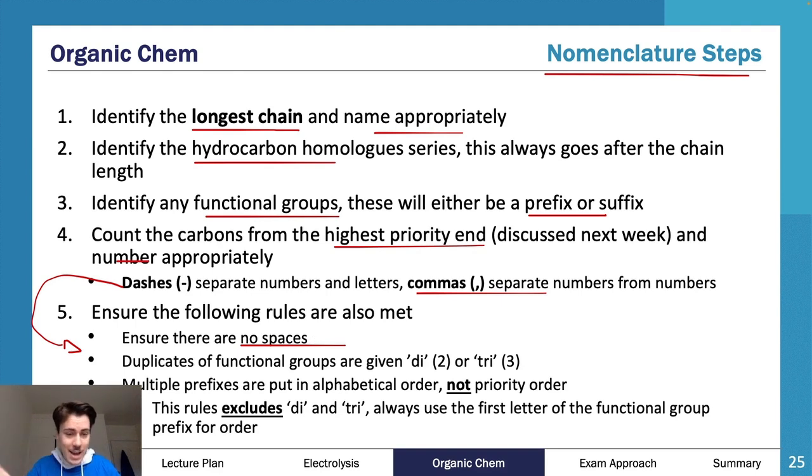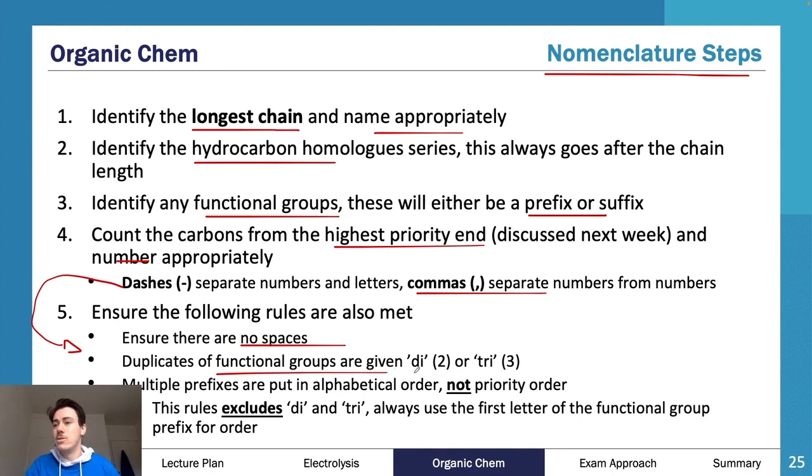The dashes don't count as spaces. There must be 2-chloro, dash, 3-fluoro, dash, 2-methylpentane. No space between the methyl and pentane. There must be no spaces in that entire thing. It must all be written as one word.